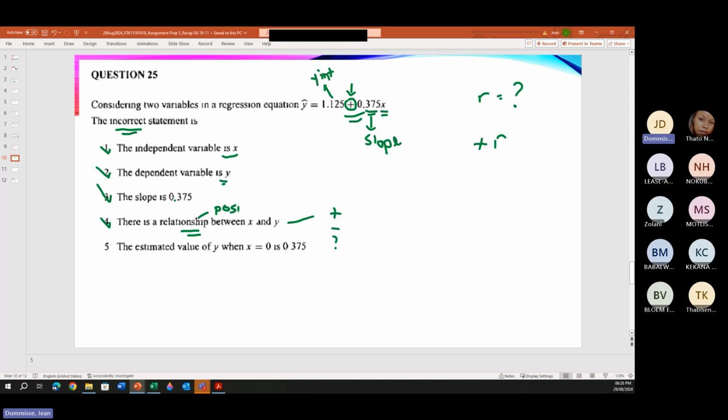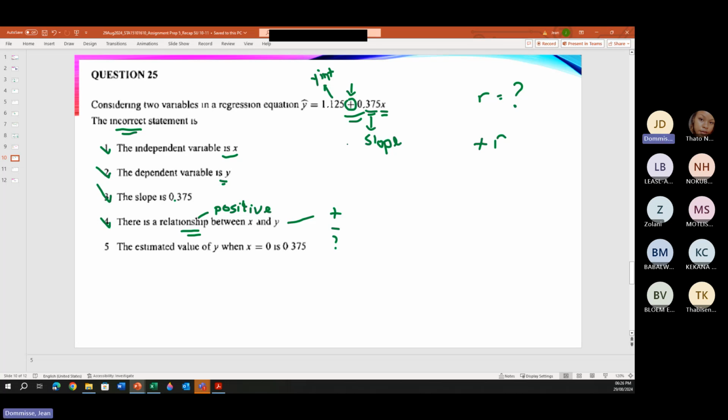Okay, and that can be a trick question or a question that they want to catch you out with, by they don't need to give you R or the value of R or the sign of R. If they've given us what the slope is, the sign of a slope is exactly the same sign of the R. Okay.